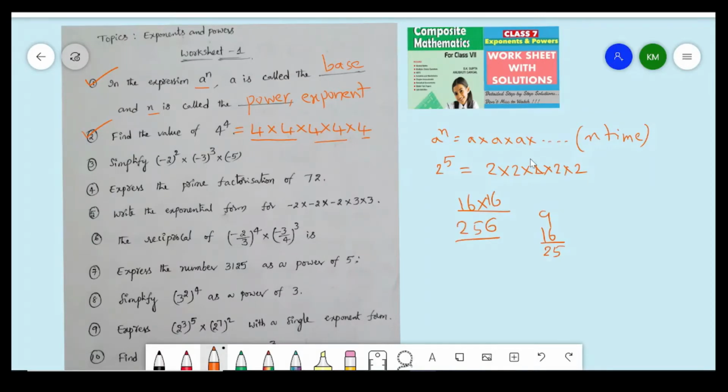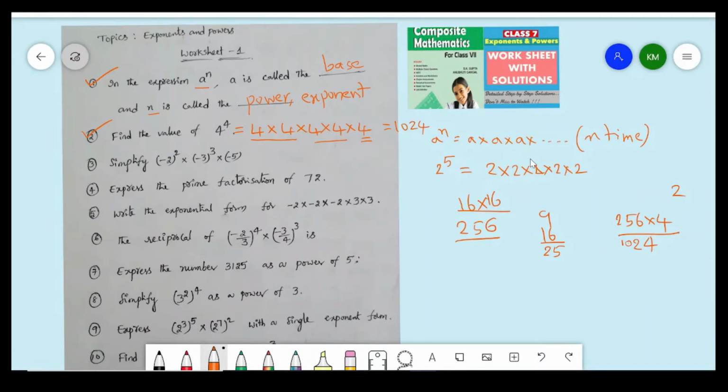Again one more 4 is available here, so 256 multiplied by 4. Observe very carefully: 4 times 6 is 24, 4 times 5 is 20, plus 2 is 22, and 4 times 2 is 8, 8 plus 2 is 10, 1024. So the answer for this is 1024.